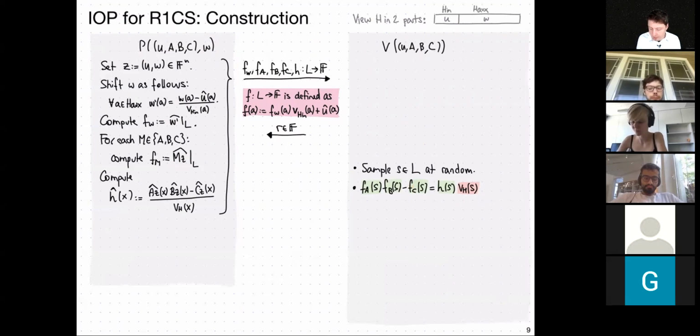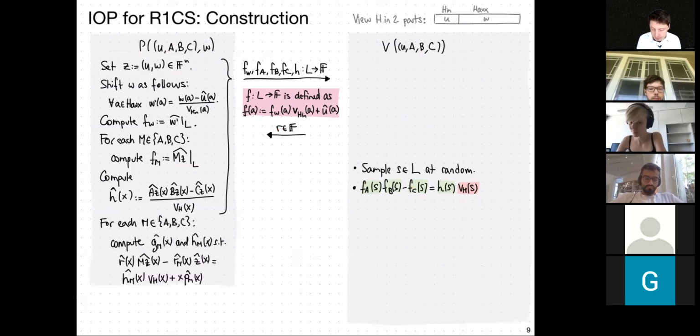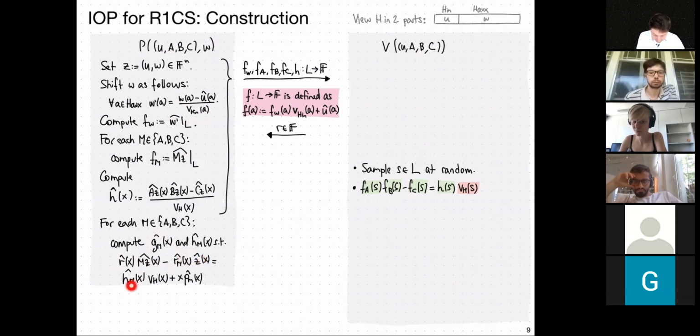But now we need to check that the linear combinations are as claimed. So we send the randomness as in the previous protocol. And for each matrix in ABC, the prover is going to compute the polynomials of the sum-check protocol necessary to argue that this expression, which was the randomness times alleged linear combination minus shifted linear combined randomness times the original vector, equals the quotient plus the remainder.